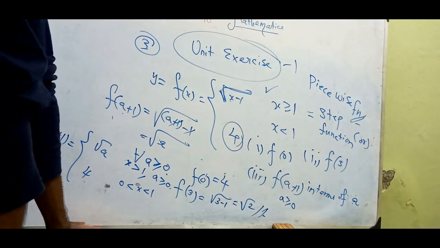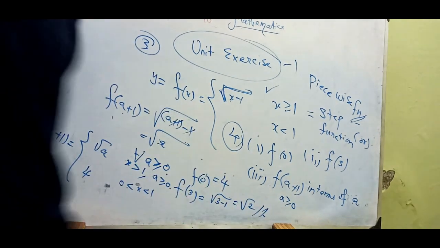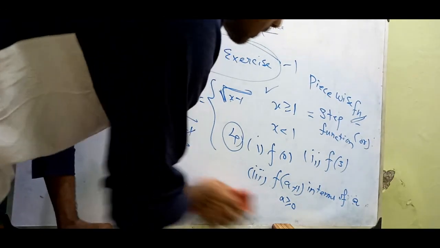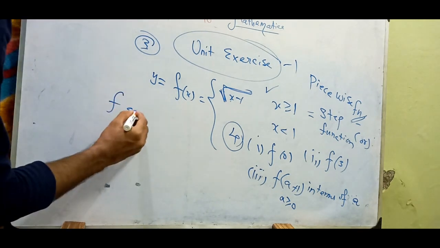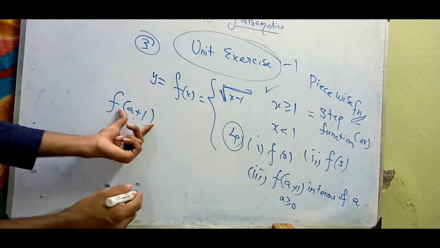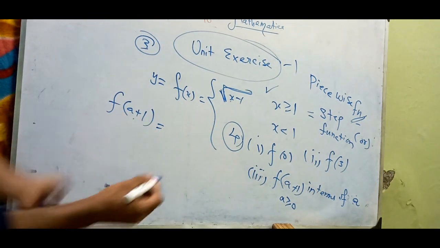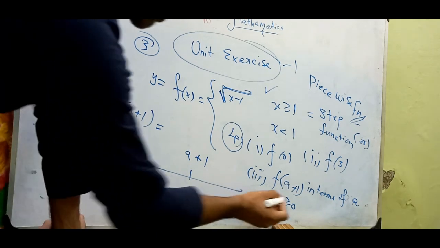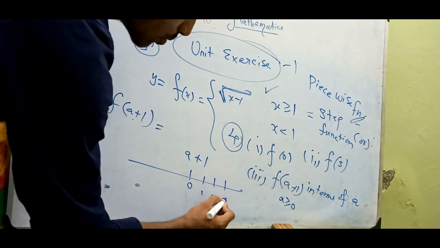So f of a plus 1, if you take a positive number also, you will have an idea. Just wait, I'll tell you again. See, I'm not going to do it again, but you need to understand this concept. A plus 1, but the condition for a is greater than or equal to 0, 1, 2, 3.